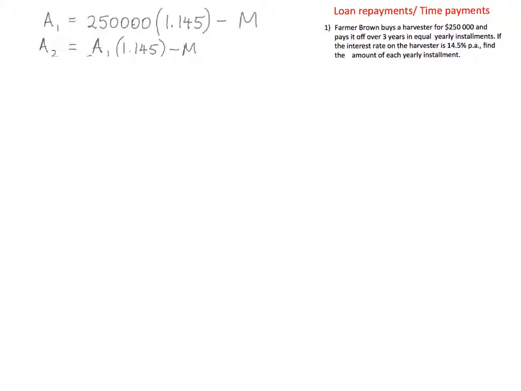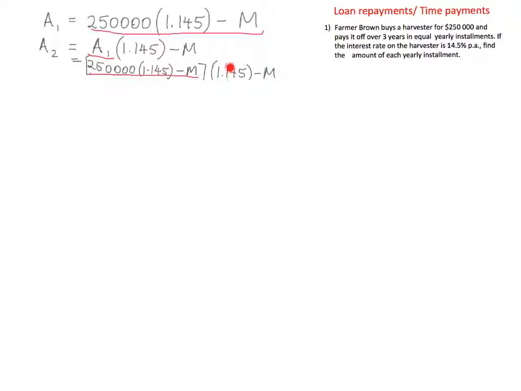Alright, let's now replace all of this with A1, because remember, all of that is A1. Substituting that in there, you can see everything in the square brackets is our A1. And we're going to multiply everything here by 1.145, which is what this bit is saying.